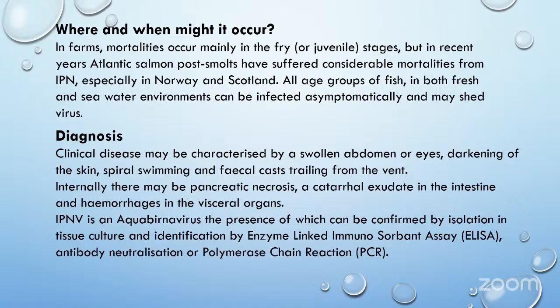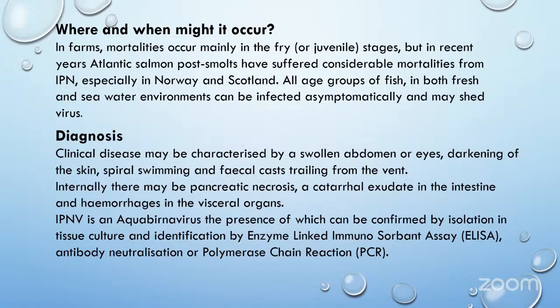Now, where it can occur, normally in farms, mortalities occur mainly in the fry, that is the juvenile stage. But in recent years, Atlantic salmon post-smolts have suffered considerable mortalities from this disease, especially in Norway and Scotland.